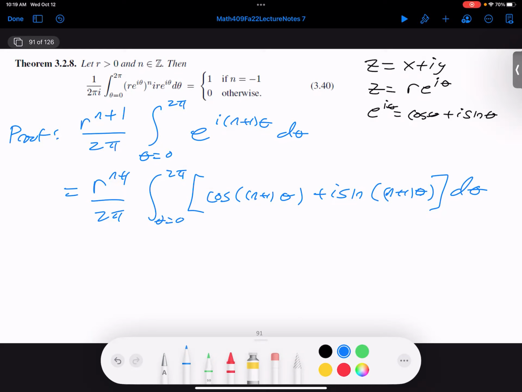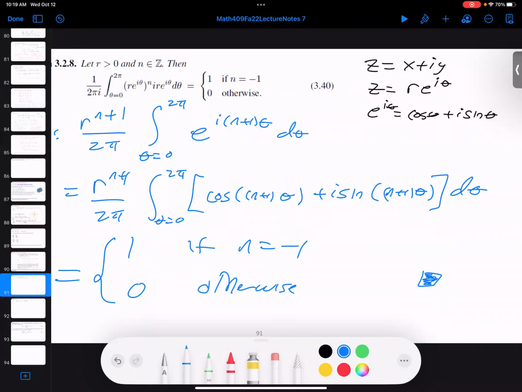So if n happens to equal -1, then I'm integrating the function 1 from 0 to 2π, so I get 2π. The 2π would then cancel with the 2π down here. And because n equals -1, I would get r to the 0. This will collapse, and it becomes 1 if n equals -1 and 0 otherwise. So that finishes the proof that this integral is equal to 1 if n equals -1, 0 otherwise.